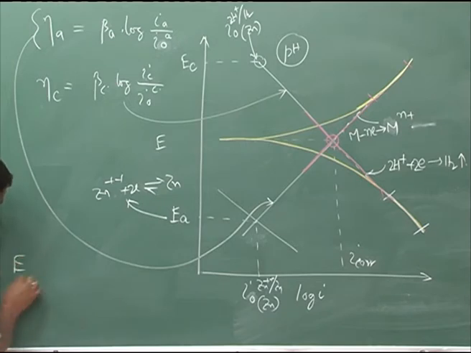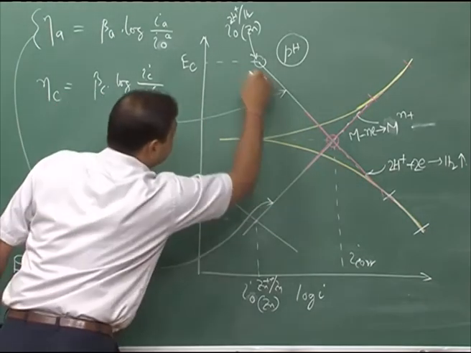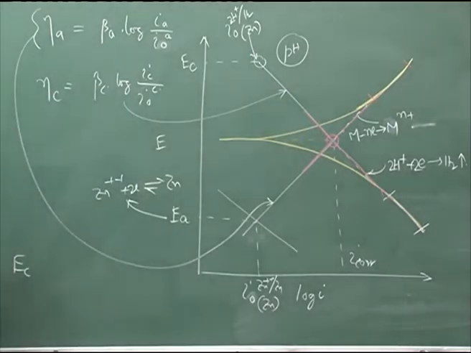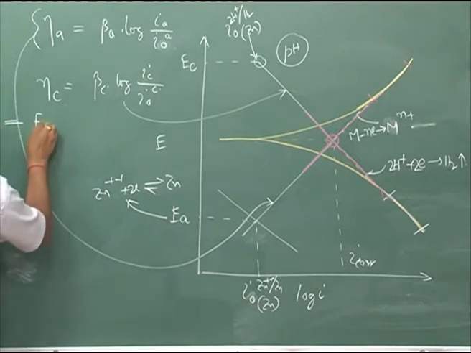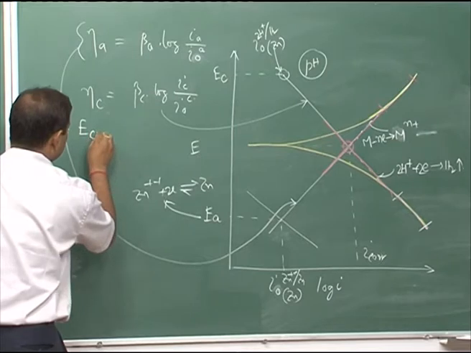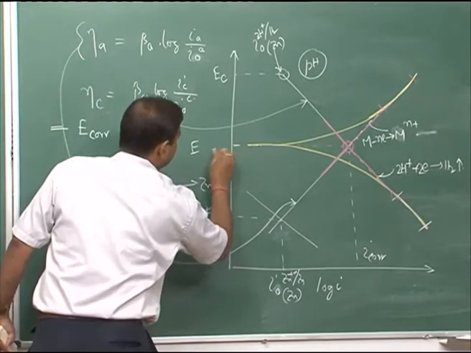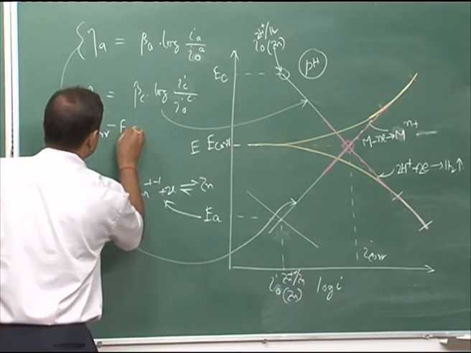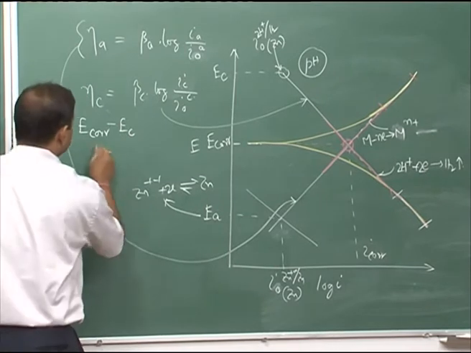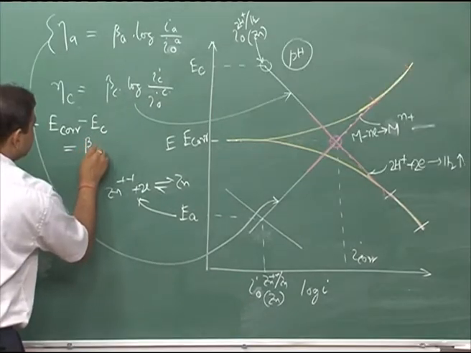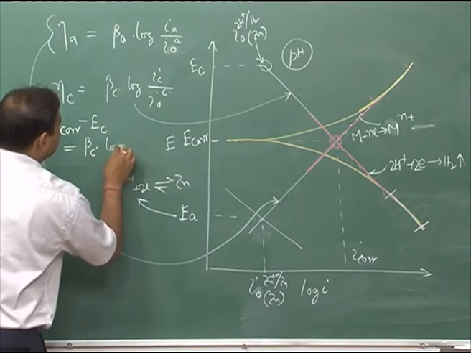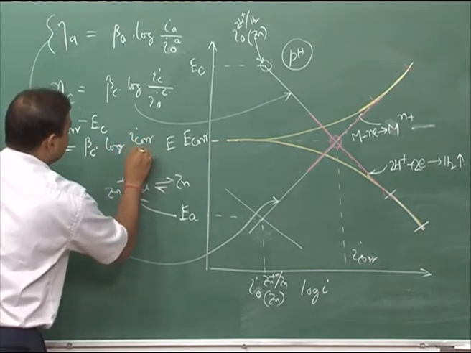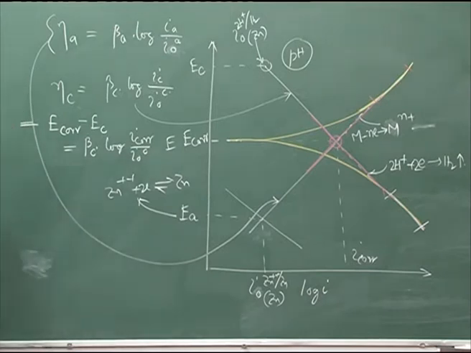If we find out the equation for this, that is basically this one, and this we can write as E c corrosion. This value is E cor. So, E cor minus E c equals beta c log of I cor by I 0 c.